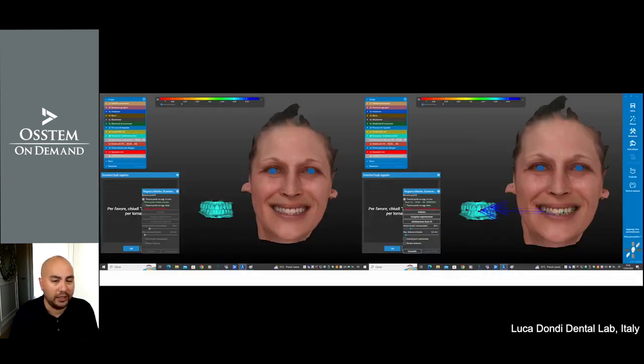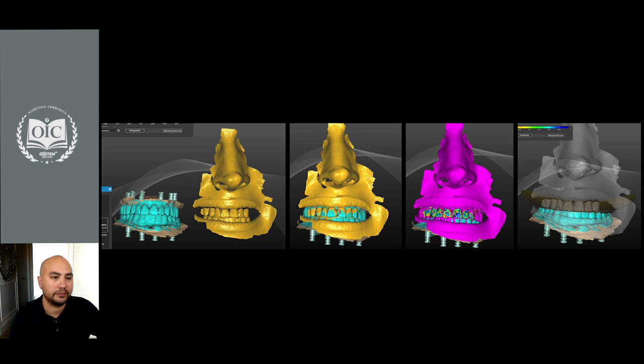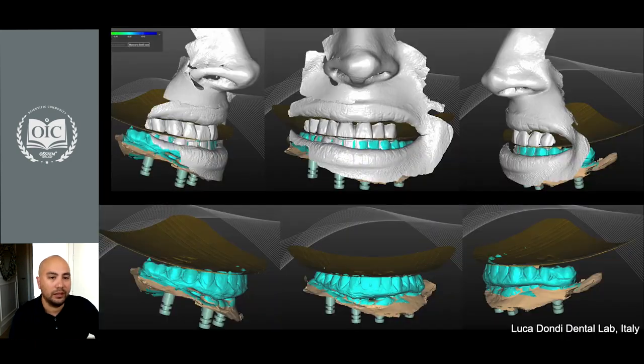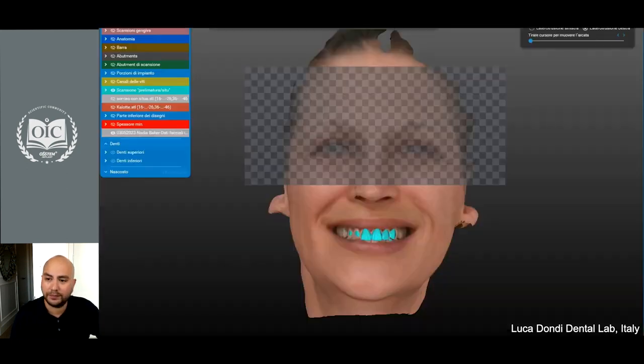Then we merge the existing interim prosthesis with the face scanning data. And then what we can do also virtually is to improve the occlusal plane digitally.